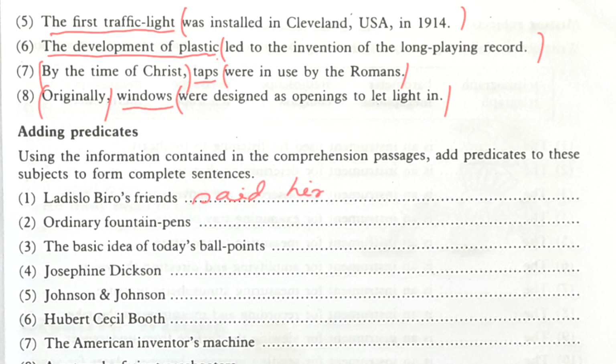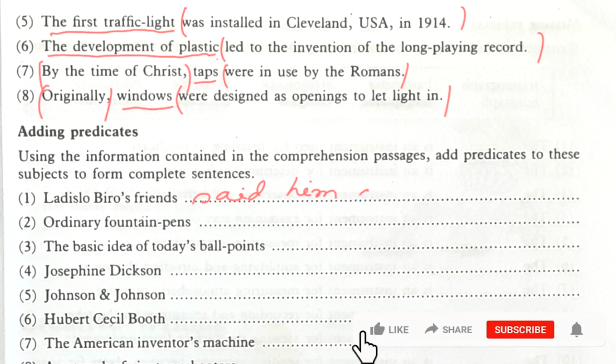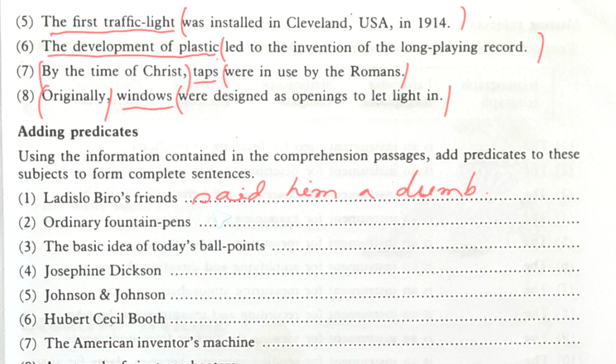Number 2: Ordinary fountain pens have metal balls in the nib.